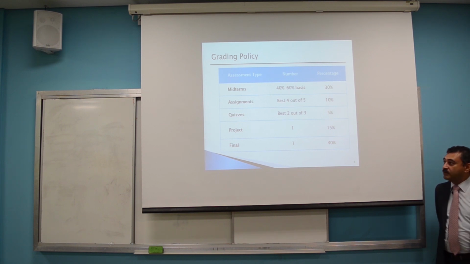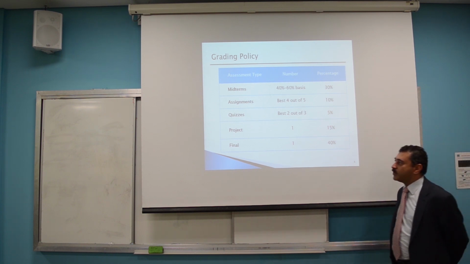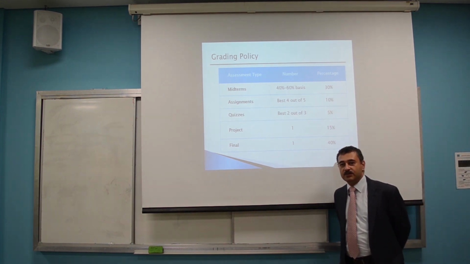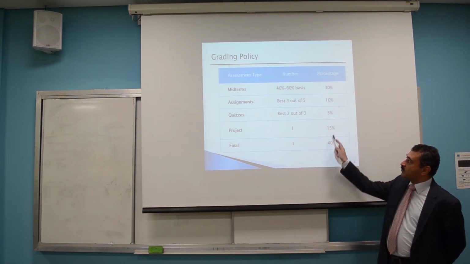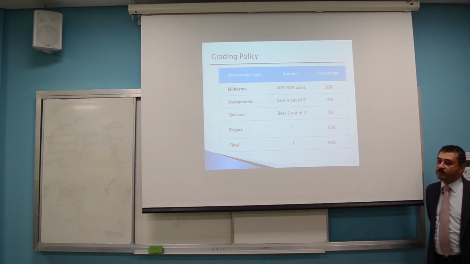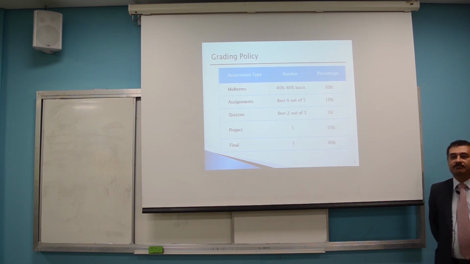For the project, you are going to find an idea to apply the linear algebra topics, forming a group of 3 up to 5 students to solve some problems. This will be 15%, and our final exam is 40%. Any comment on the grading policy? Agreed? Okay.